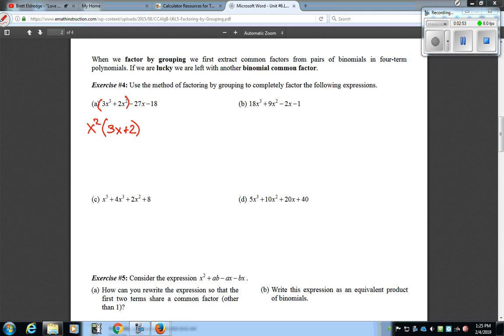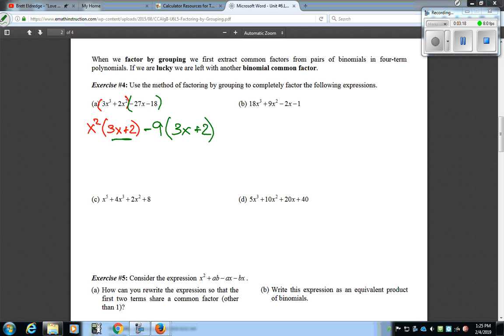Now I'll know if I did it right, because when I do the next part, I'm hoping to have the same factor in the parentheses left over. So it looks like in this case, I can divide out a negative 9, and then what I have left would be 3x and positive 2.